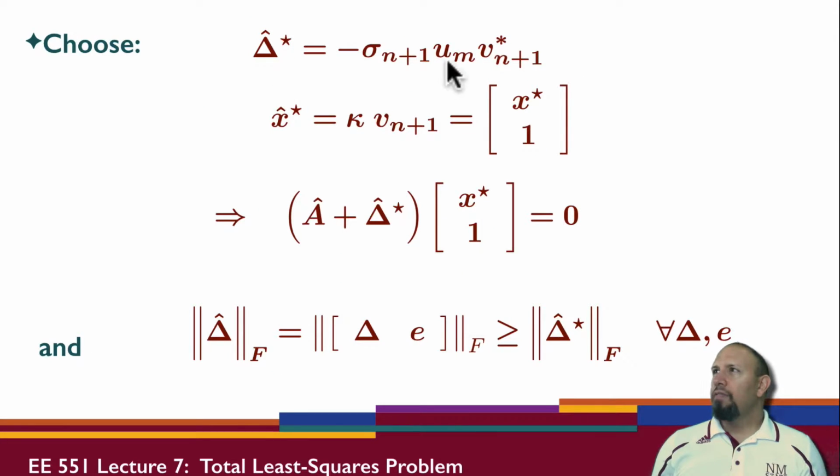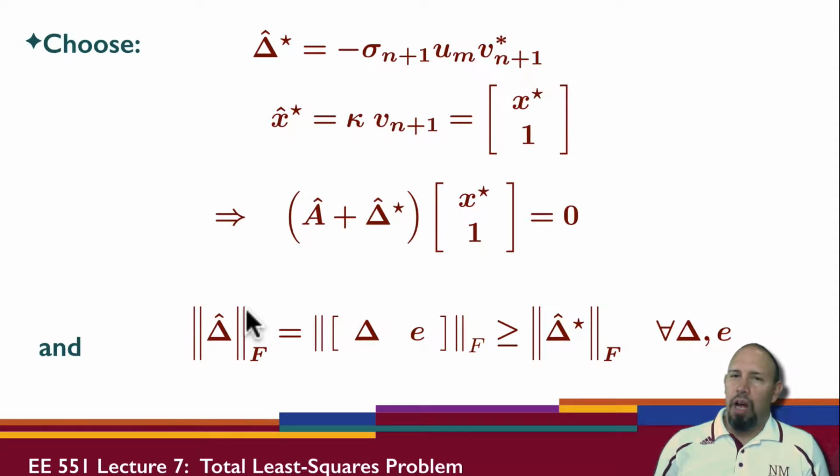Okay, and so I form a dyad from the smallest singular value, and I can go through and show that in fact that is the delta that is the smallest, and that the Frobenius norm of that delta hat is smaller than any other delta hat in Frobenius norm. So that's one way of looking at this total least squares problem.